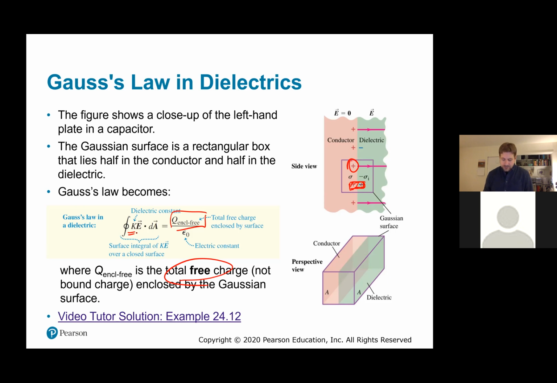Now, I'm thinking about dividing both sides of this equation by kappa, because it's a constant.